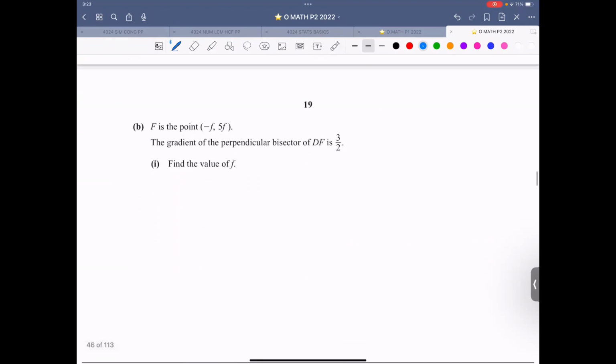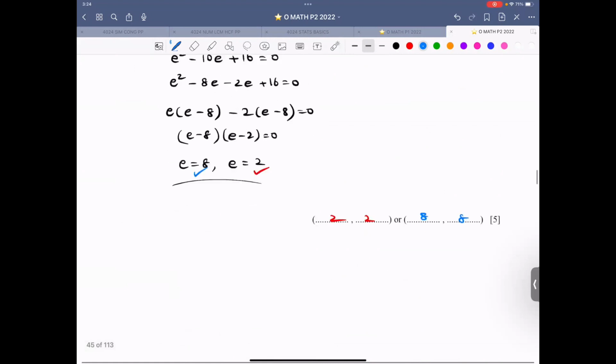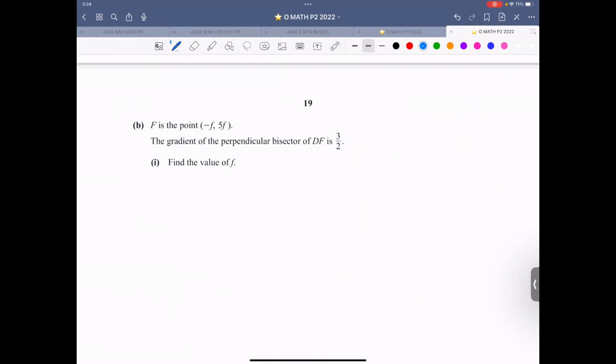Next one, F is the point such and such. Now, let me write D first. D is (4, 6). F is (minus f, 5f). And the gradient of the perpendicular bisector of DF is 3 over 2.